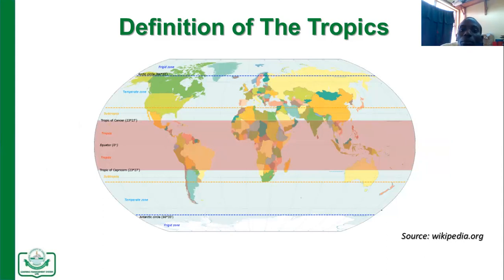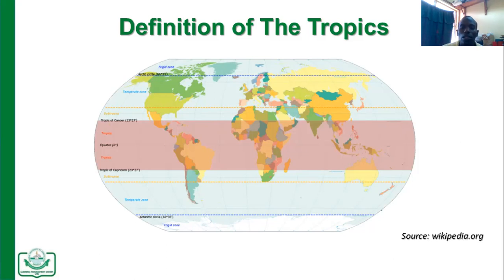From the map of the world, you'll see the Tropic of Cancer on latitude 23 degrees north, and 27 minutes. And Tropic of Capricorn 23 degrees south and 27 minutes down in the southern hemisphere.